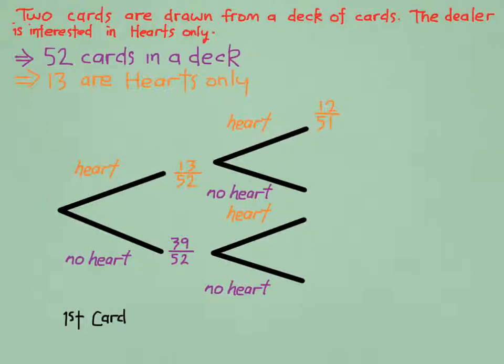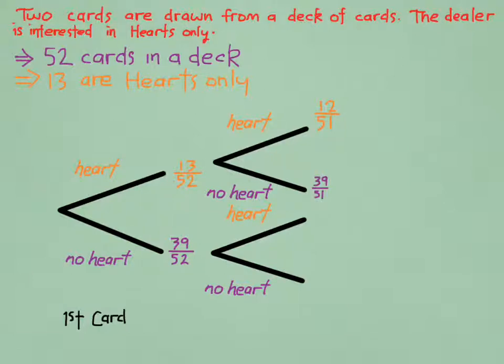So when we take the first card out of the deck, there are no longer 52 cards available, there are only 51. And also, if that card is a heart, there are no longer 13 hearts available, but 12. So we end up with this probability here, 12 divided by 51.